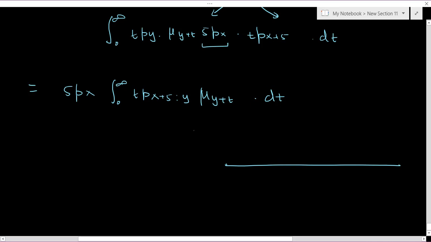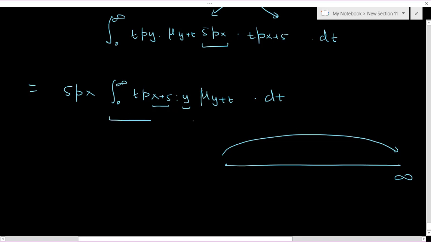This just means that I want y to die at any time between 0 to infinity. Okay, and I want x plus 5 to be alive at that time, right? So that is what it means, a life aged x plus 5 and a life aged y, and y has to live for t years and then die immediately, and x plus 5 has to be alive then, because there is no mu x plus t here, right? So you should get that, right?